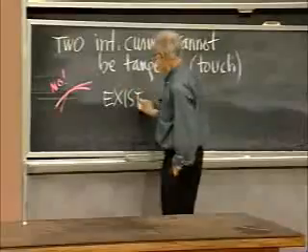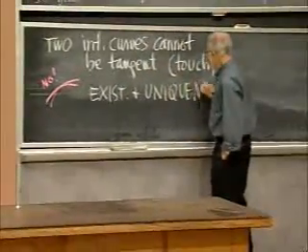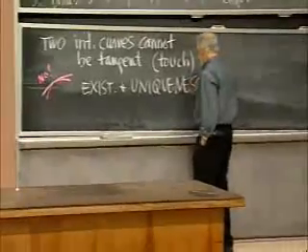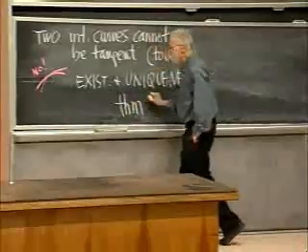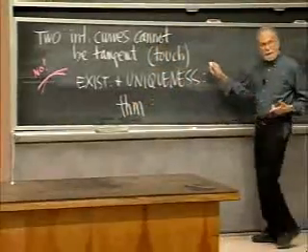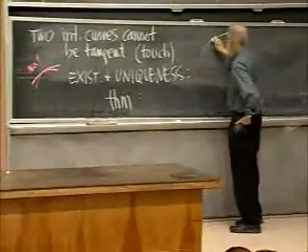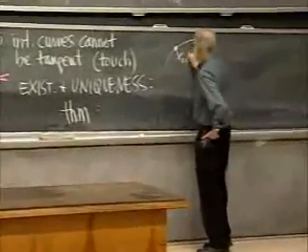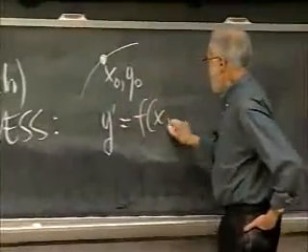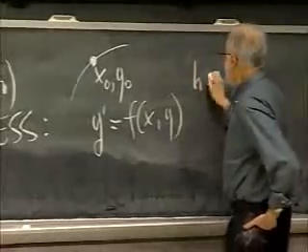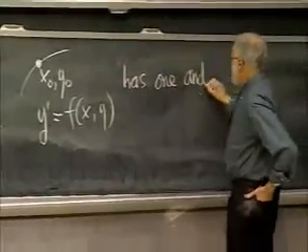The existence and uniqueness theorem says that through a point x0, y0, the equation y prime equals f of x, y has one and only one solution.